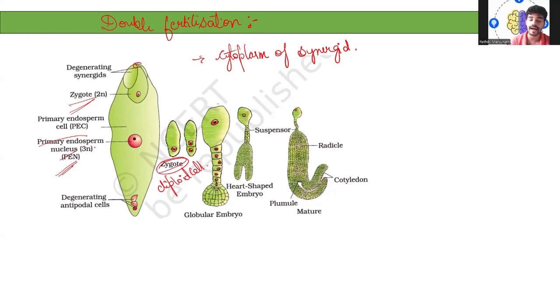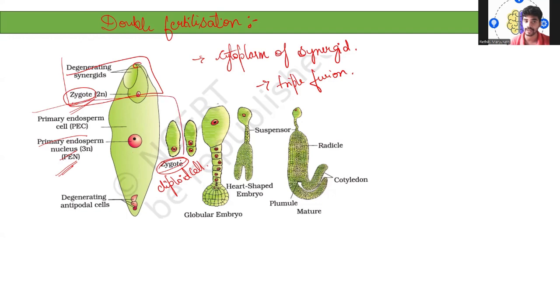So it is called the primary endosperm nucleus. Clear? As this involves the fusion of three haploid nuclei, it is called triple fusion. How many types of fusion are we seeing? Two types. One fusion in the synergid region is the zygote development.